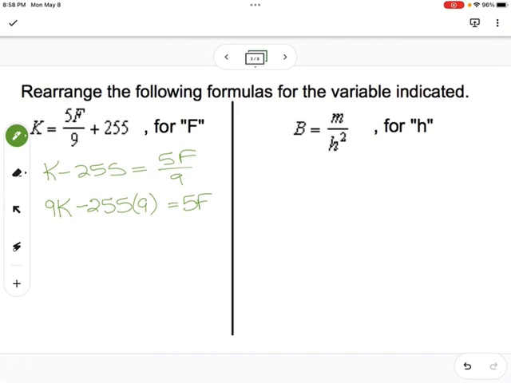And then getting f by itself, the 5 is multiplied here, bringing it over will be dividing. Okay. And if we wanted to simplify there, we could do the 255 times 9 as well.